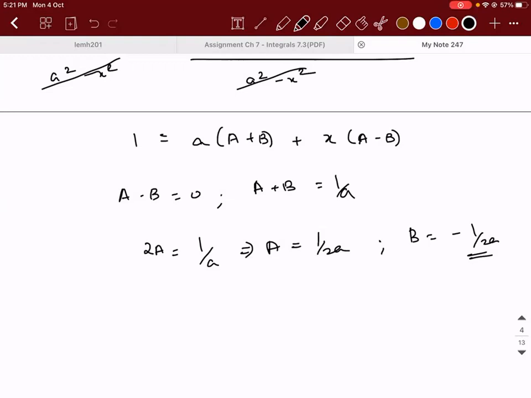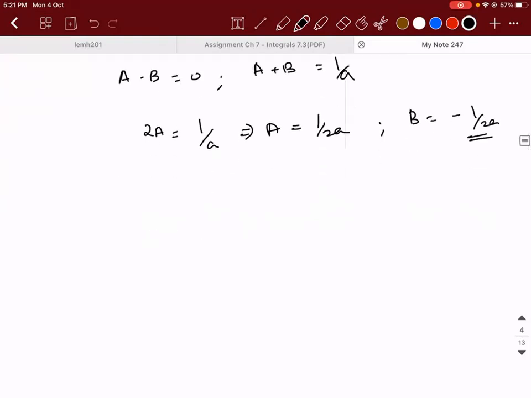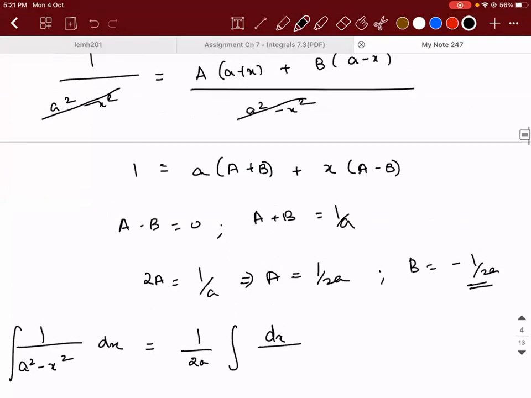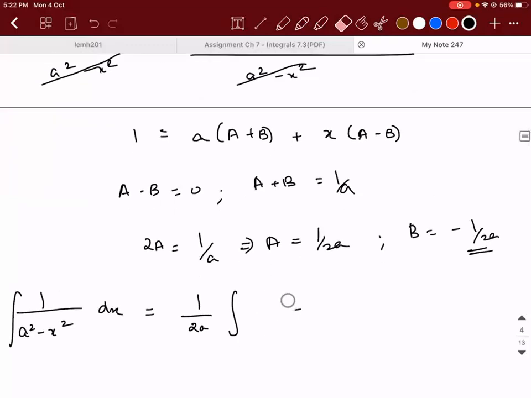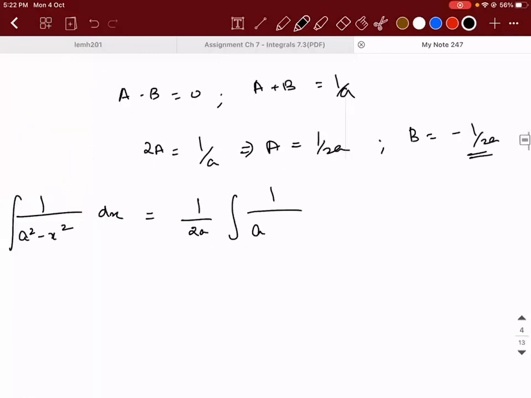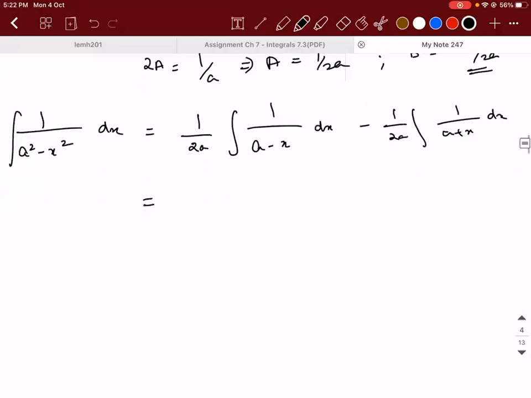Take this and substitute it. So 1 by 2a into log of a plus x divided by a minus x plus c.